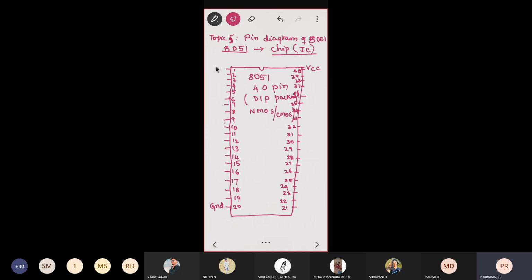The rest of the pins are represented as P1.0, P1.1, P1.2, P1.3, P1.4, P1.5, P1.6, P1.7. Totally how many pins have I written?